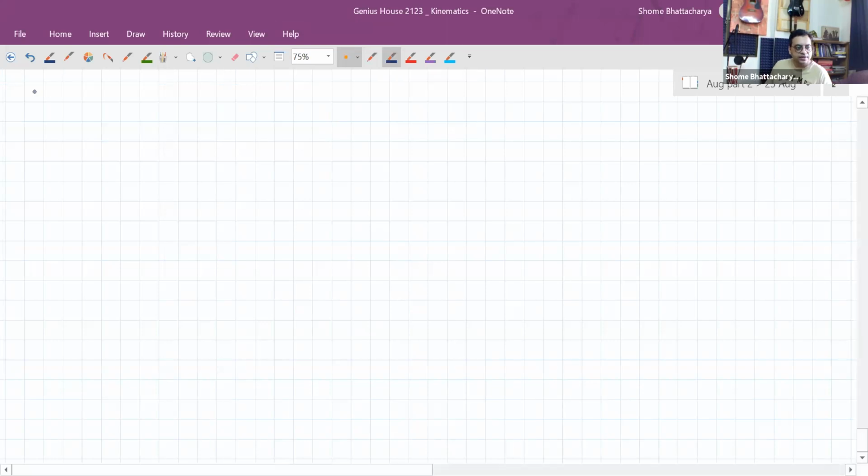So the next thing we'll look at is projectile motion with projection from a heighted point, that is, you're throwing the object from a height.